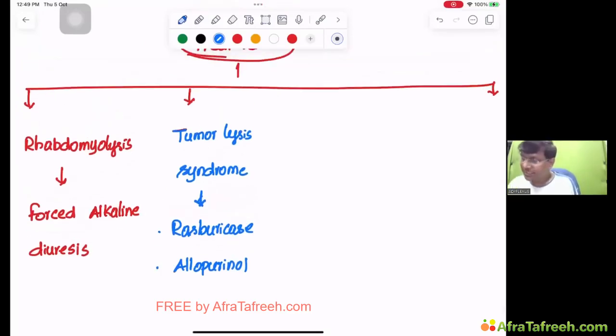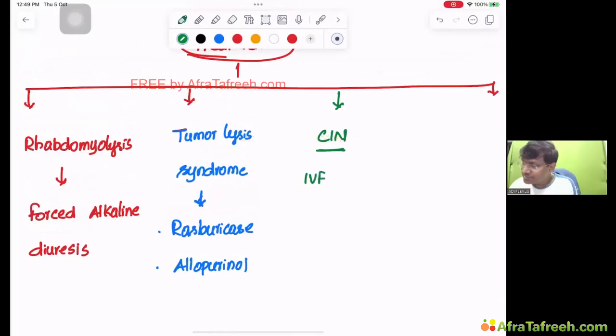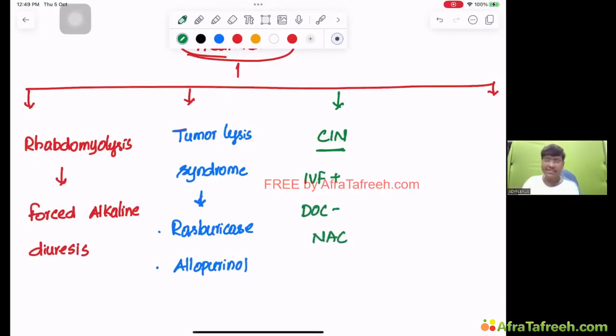Now, if the cause of acute kidney injury is contrast-induced nephropathy, in which group of individuals have we discussed this? That is mainly in diabetic patients. Contrast-induced nephropathy is very common. So the treatment you should give is IV fluids, and the drug of choice is N-acetylcysteine.